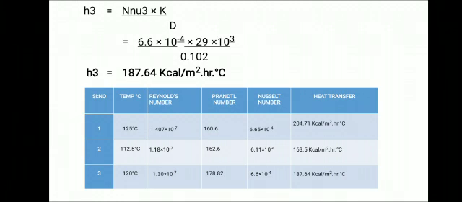This table shows the temperature, Reynolds number, Prandtl number, Nusselt number and heat transfer.